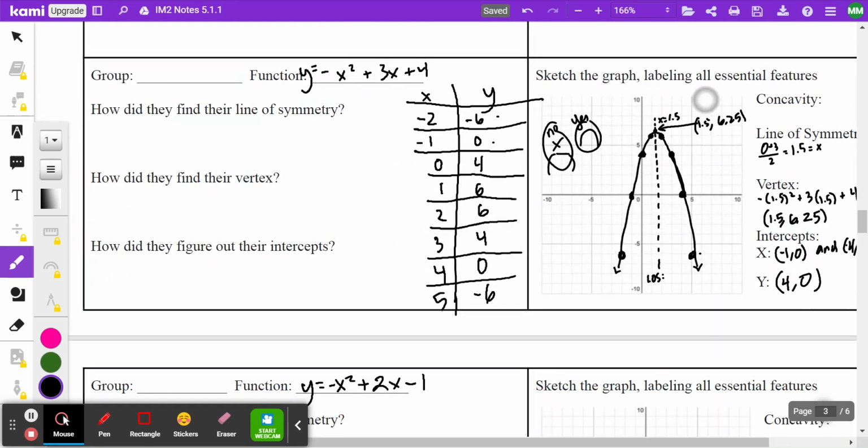My y-intercept is at 0, 4. And let's see, how did I find my line of symmetry? I averaged 2 symmetric points. I could be more specific. I averaged the x coordinates of them.